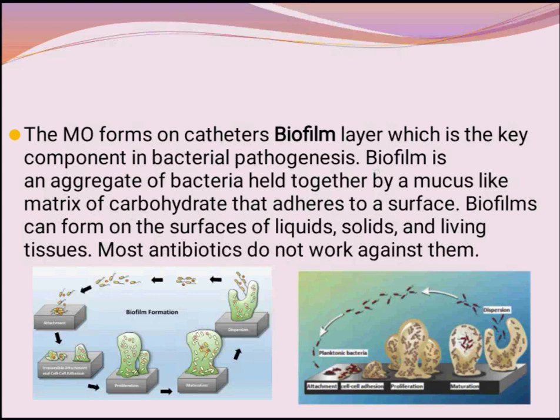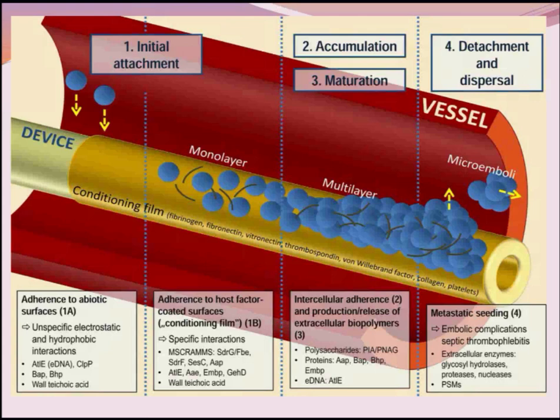So this biofilm is the key component in the bacterial pathogenesis, which is an aggregate of bacteria held together by a mucus-like matrix of carbohydrate. They adhere to the surfaces, which could be liquid, solid, or living tissue. Most antibiotics don't work against them because they are hidden, and the antibiotics can't reach inside this matrix.